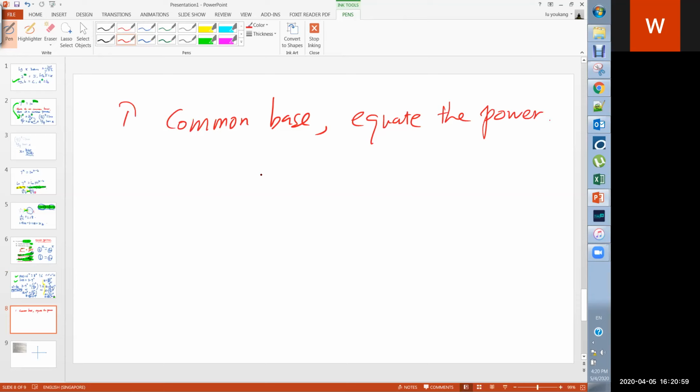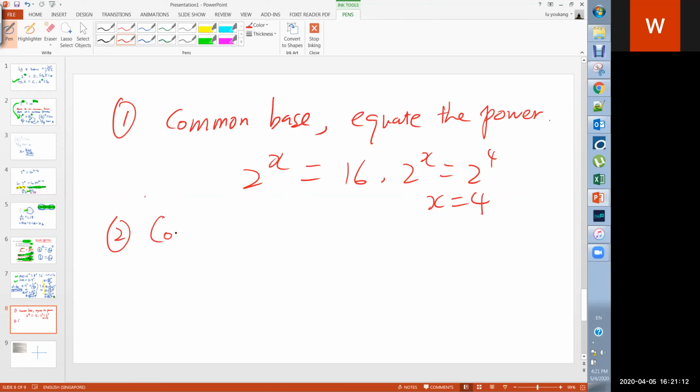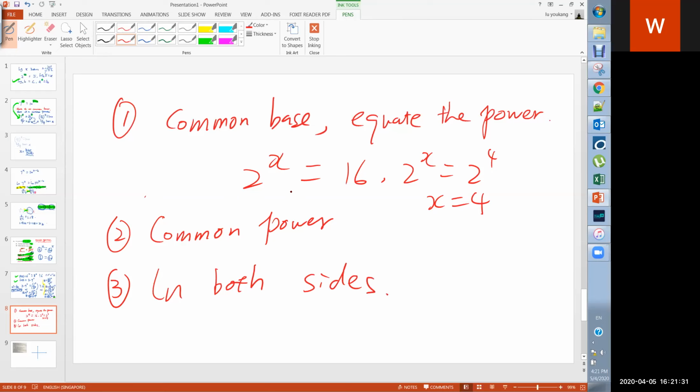Method 2 is common power. Method 3 is ln both sides. I always prefer these 1 and 2.